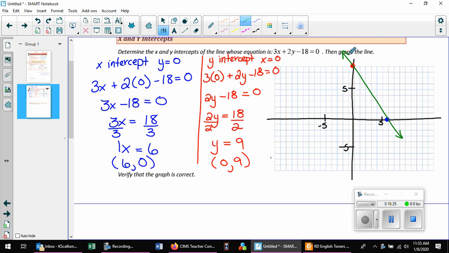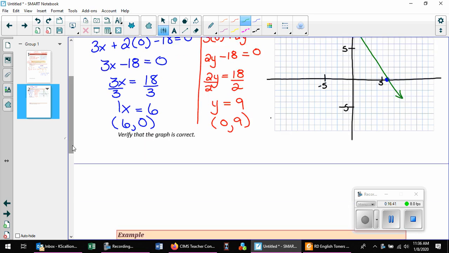Okay. Verify that the graph is correct. How do you know? Okay, so let's try something. What point besides the x and y intercepts do you think falls on your line? 4 and 3?